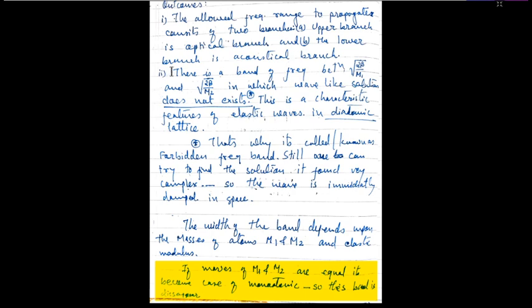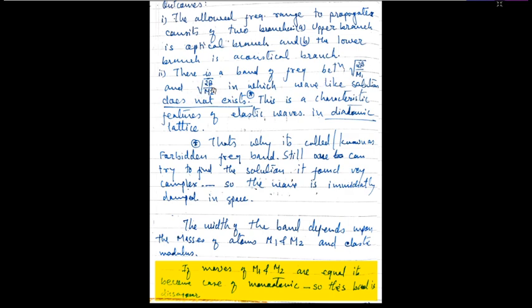The second outcome we can find out: the highest value of the acoustic branch is the square root of twice beta upon m1, and the highest value of the optical branch is twice beta upon m2. I'm sorry, it's vice versa. The lowest optical branch value at the first Brillouin zone, or at k equal to pi by 2a, is the under root of twice beta upon m2.